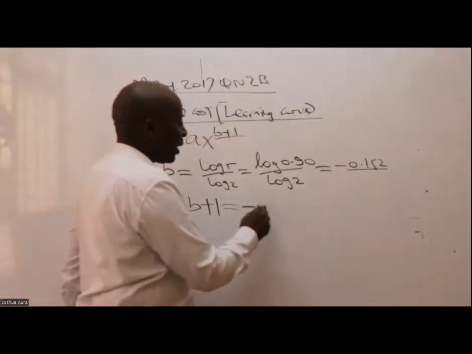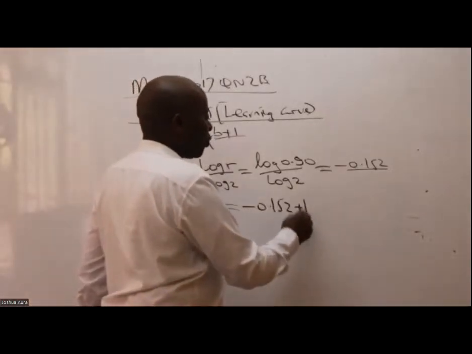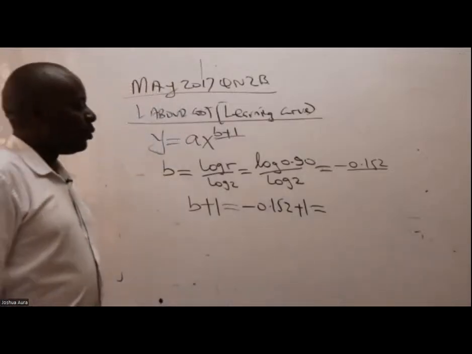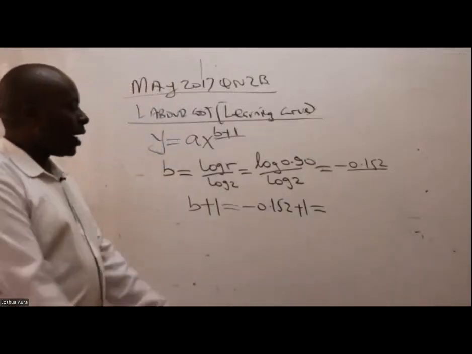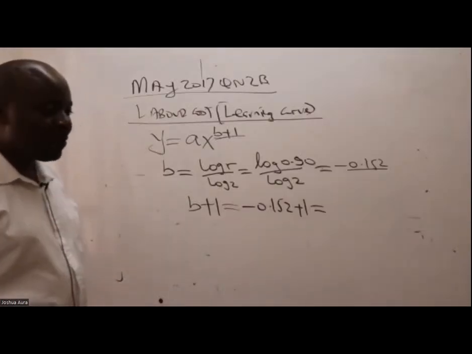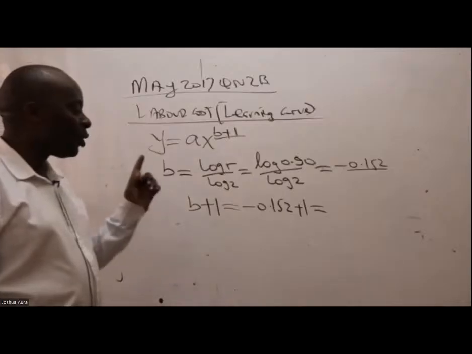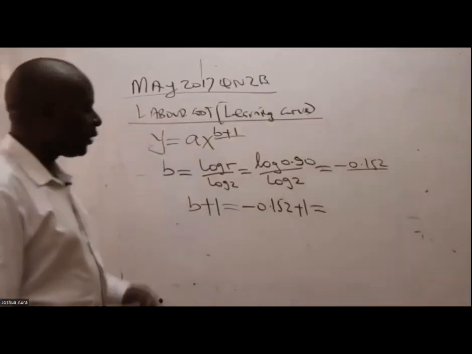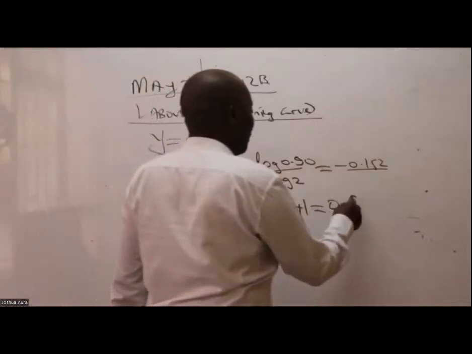So it will be minus 0.152 plus 1, which will be equal to 0.848. Please remember, Eric, if we are rounding off to 3 decimal places, it has to be consistently 3 decimal places. So it is 0.848.